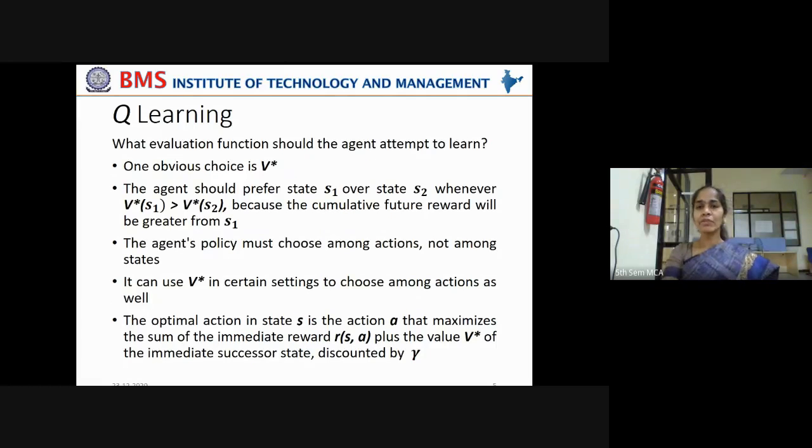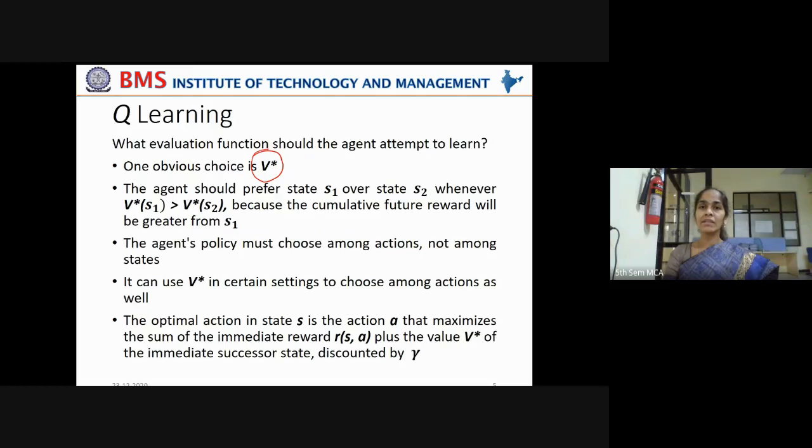Now, what evaluation function should the agent attempt to learn? One obvious choice is calculating V star. What is V star? The value of the rewards accumulated. Initially we call it V, but why V star?